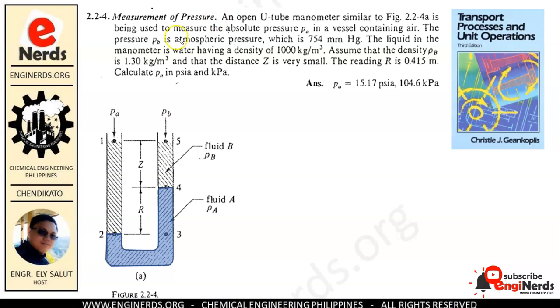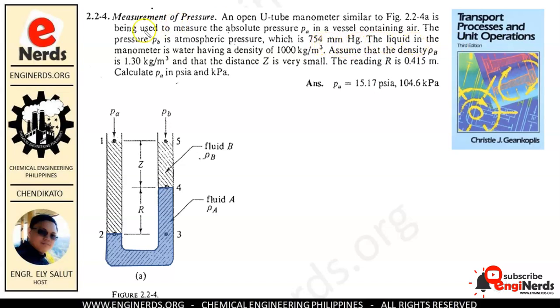Figure 2.2-4a is being used to measure the absolute pressure PA in a vessel containing air. The pressure PB is atmospheric pressure, which is 754 mm mercury.